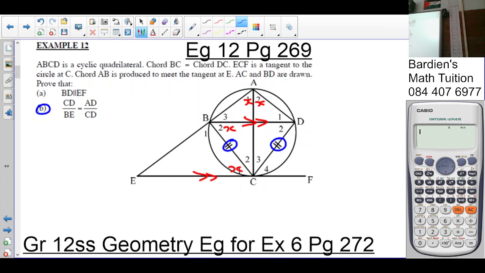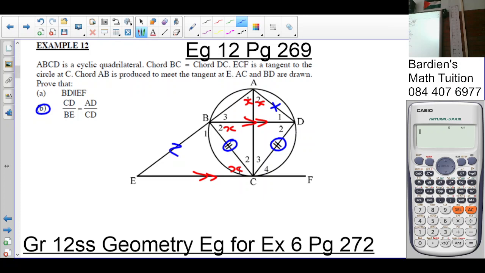BE, which is this line here. CD, which is again that line there. And AB, AD, this line here. Okay. So which two triangles do you think we're going to work in?